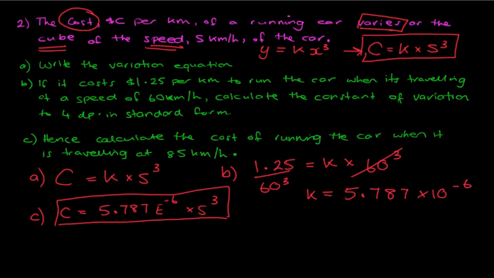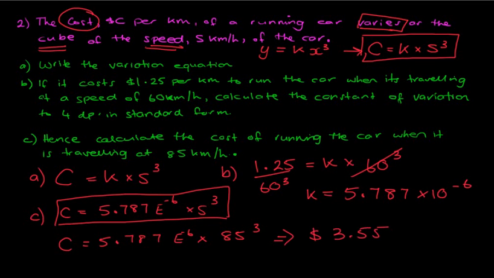So it says calculate the cost. So cost equals 5.787 times 10 to the power of negative 6 times 85 cubed. And all I need to do is put that in my graphics calculator or my normal calculator and do a straight multiplication, and we get a cost of approximately $3.55.